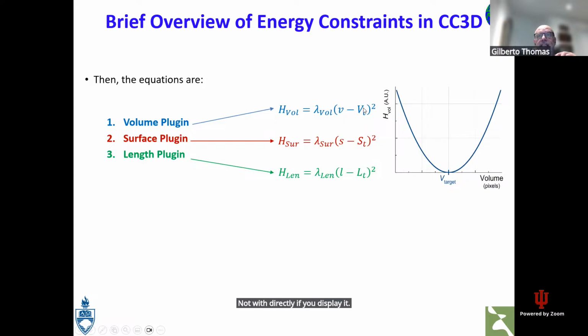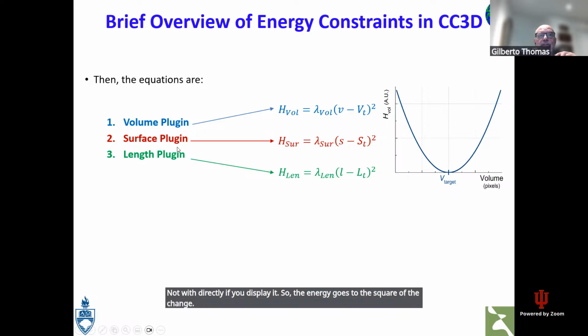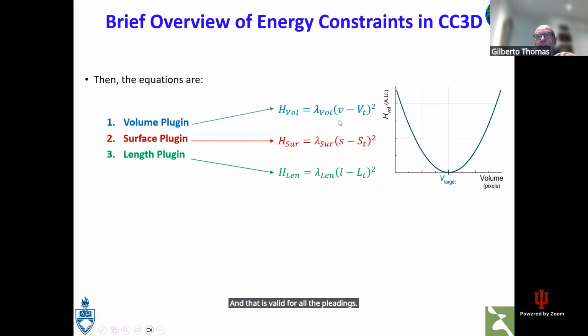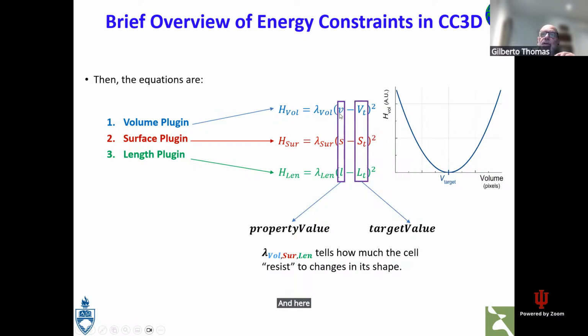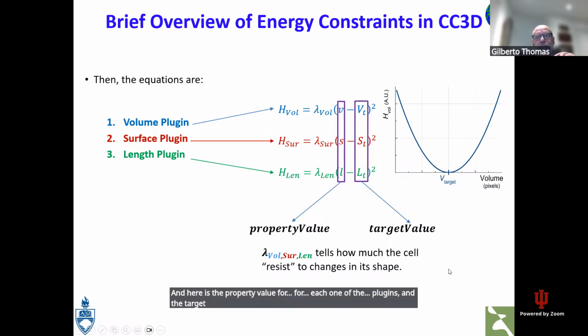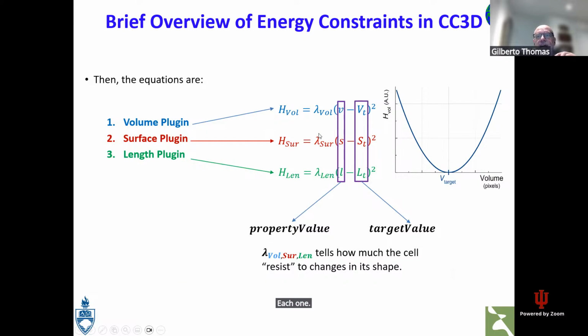So the energy goes with the square of the change. And that is valid for all the plugins. They always have the same behavior. And here is the property value for each one of the plugins and the target volumes of each one. Lambda volumes are parameters that tell you how much the cells will resist to changes. It can be very high or very low. That's up to your simulation.